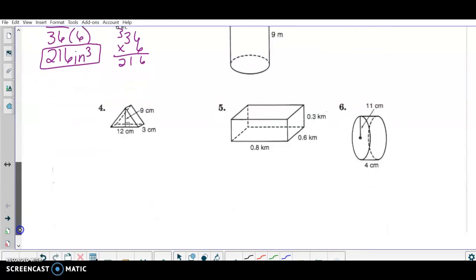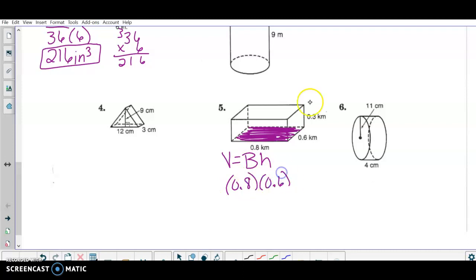I'm going to go ahead and come down here to number 5 because I want to stick with that pattern, and then I'll go back to the triangular prisms, which are just a little bit more tricky. So again, we have V equals big BH, and my big B, 0.08 times 0.06. I'm going to label this my big H because it is not on my base shape.